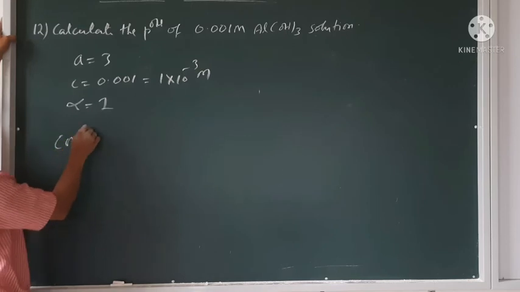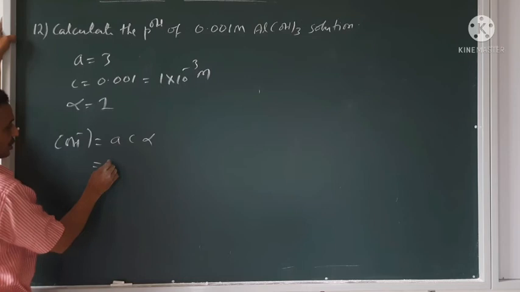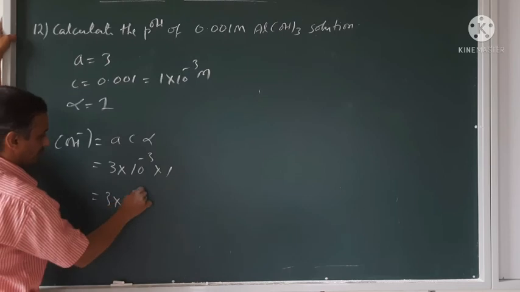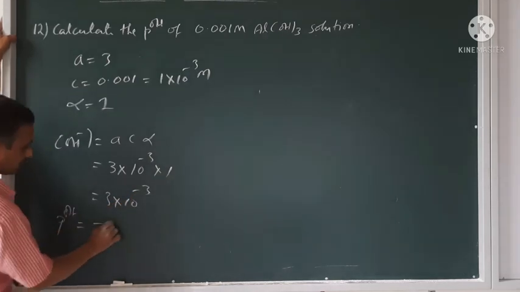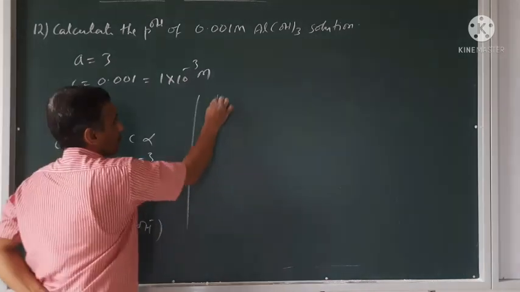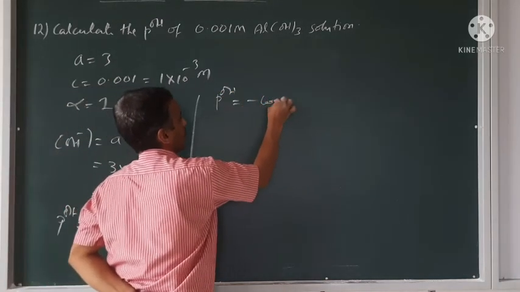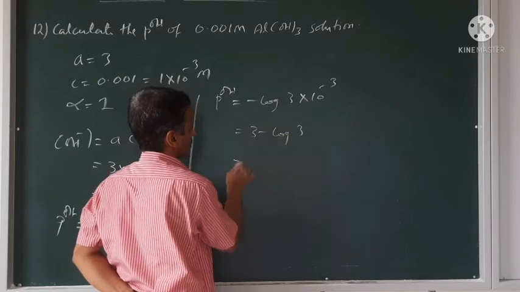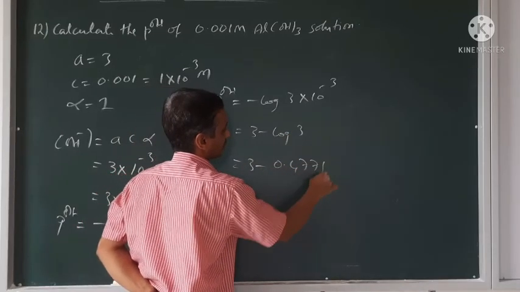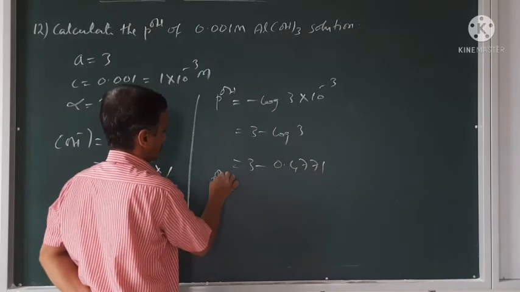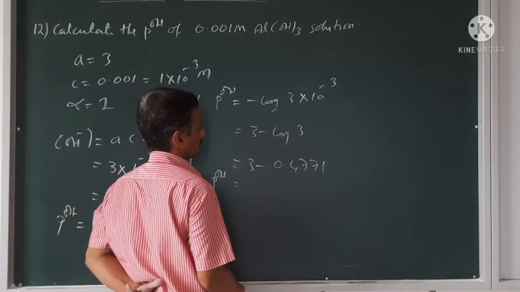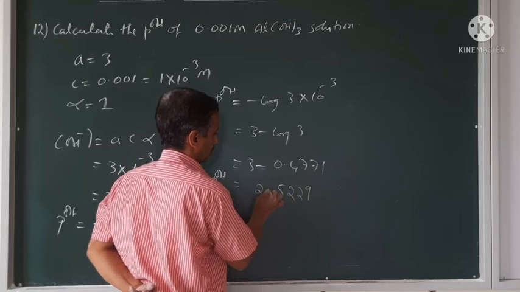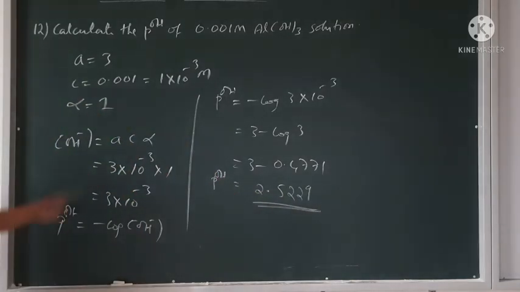So OH minus concentration is equal to A into C into alpha, which is 3 into 10 to the minus 3 into 1, equal to 3 into 10 to the minus 3. pOH is equal to negative logarithm of OH minus concentration, which is negative logarithm of 3 into 10 to the minus 3, equal to 3 minus log 3, which is 3 minus 0.4771, since that is the log of 3. So pOH is 2.5229.